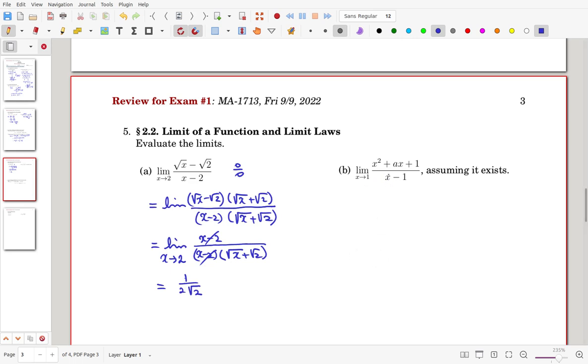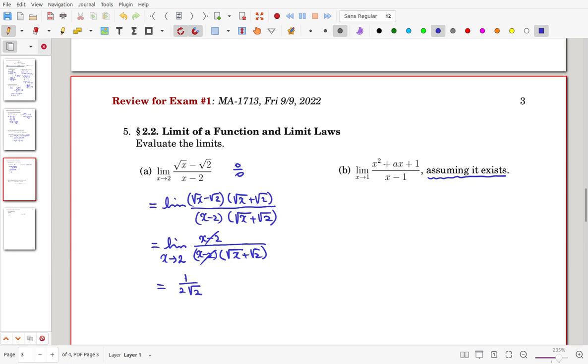Okay, for this one, we assume the limit exists, and we try to find the limit. Now, as x approaches 1, the denominator approaches 0, so to have the limit, the numerator should also approach 0.